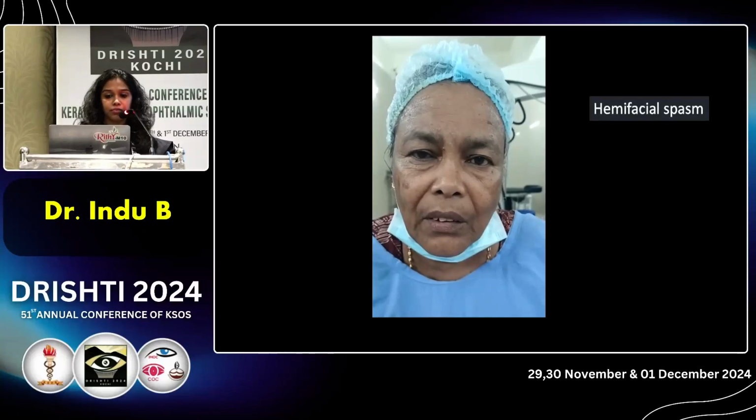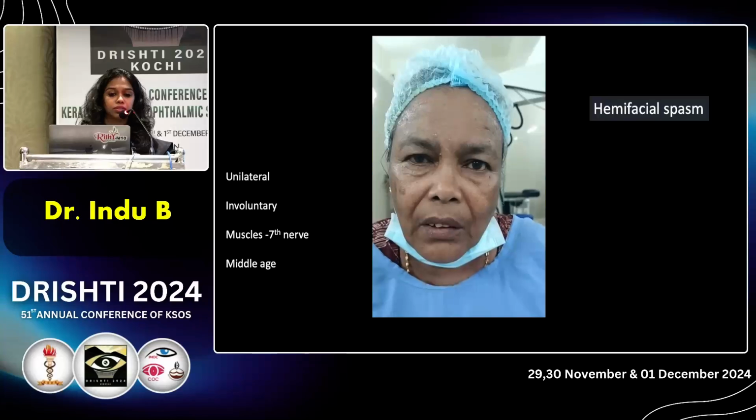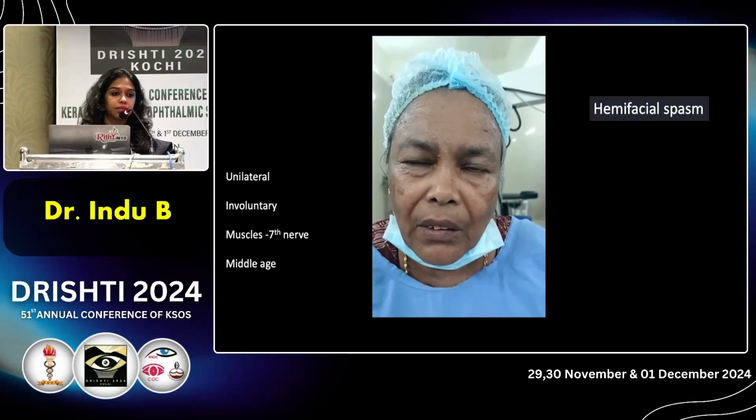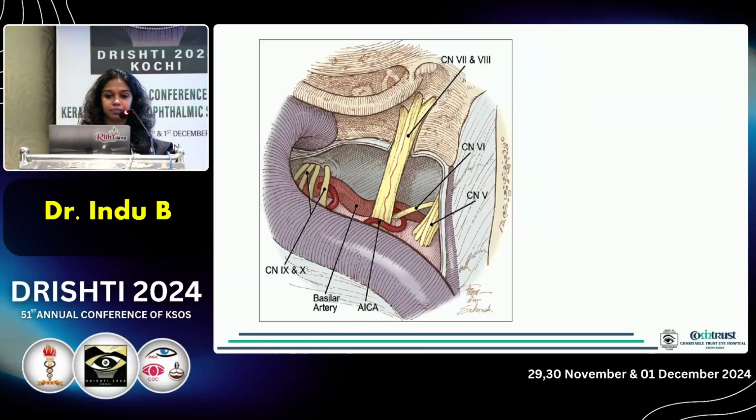So this is hemifacial spasm. You can see it is a unilateral involuntary contraction of the muscles supplied by the seventh nerve, and it's common in the middle-aged. The cause here is vascular compression over the axon of the seventh nerve when it comes out of the brain stem.